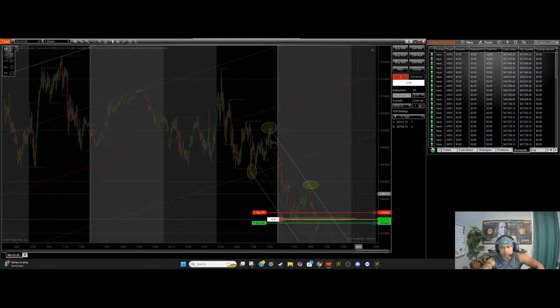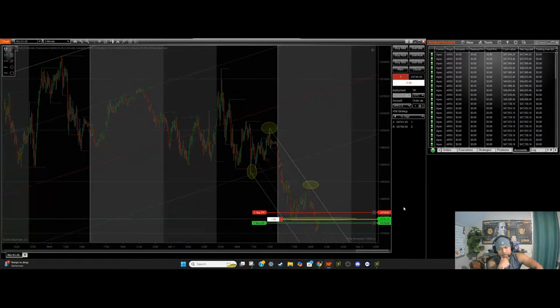If this thing pumps really hard, we have a 20 point stop loss and then a 10 point take profit. Some people will tell you you're supposed to have like 1 to 3 R or whatever. But if you're scalping and looking to just lock in 10 points, which is $200 with one contract, and then rinse and repeat until you get to your ideal profit goal.